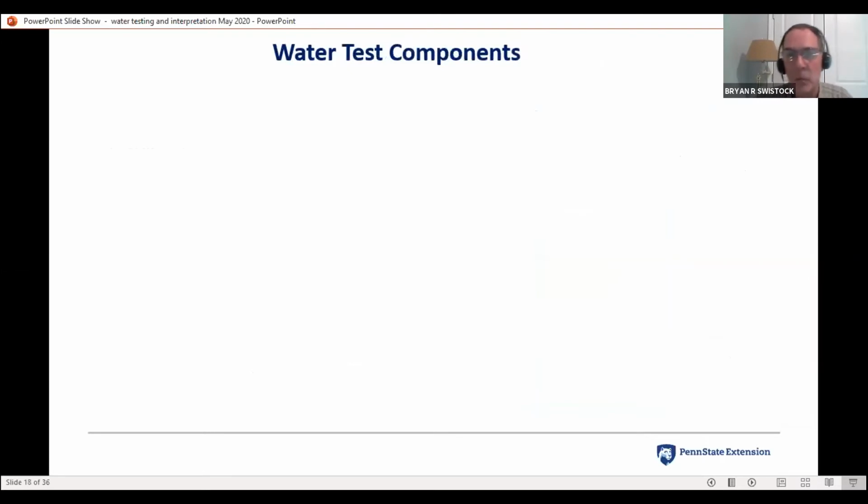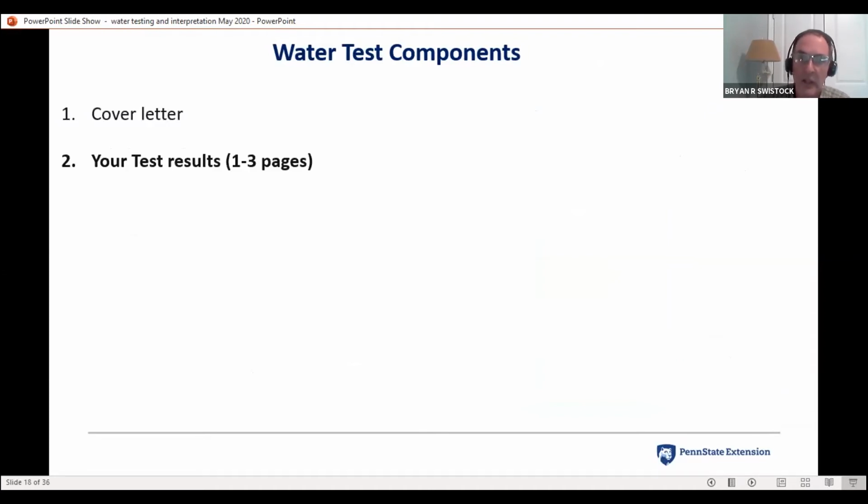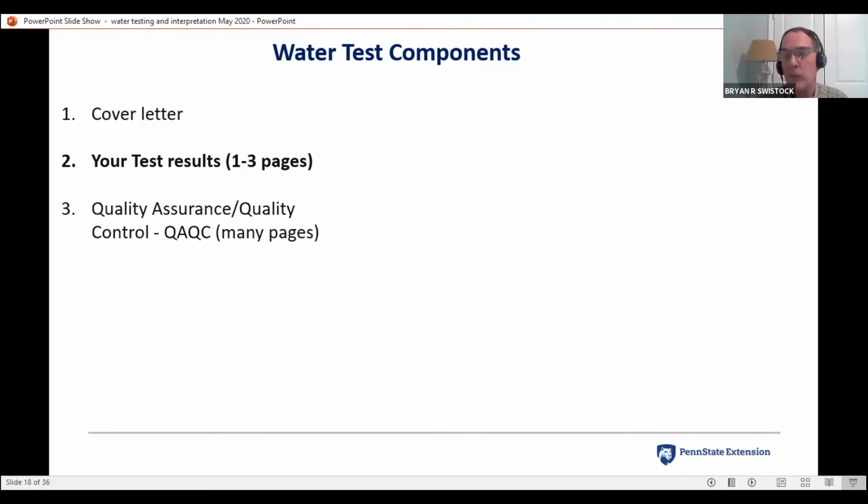So let's look at some water tests, basically the components of water tests first here, and then we'll get into some actual examples. So a lot of times now there's a cover letter, which will explain a little bit about the water testing. There will typically be the actual results from the water supply that was tested, and it might be 1, 2, maybe 3 pages of actual results. Then there's going to be probably a whole bunch of pages of quality control, quality assurance, QA/QC data.